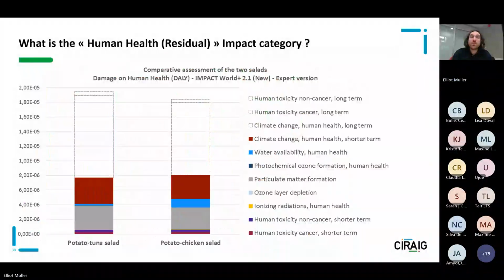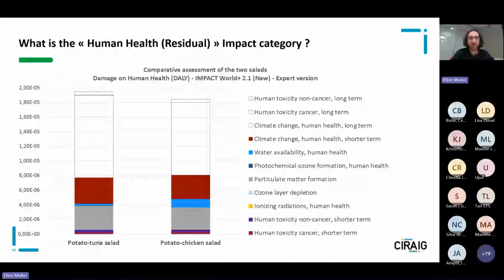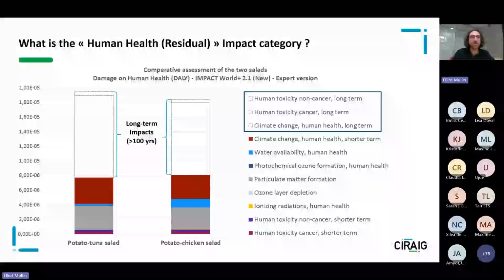So what does it mean? For instance, for the human health residual impact indicator, compared to the expert version of the method, first of all, we will delete all the long-term emissions. As we saw earlier, that can be quite a huge contribution to the impact. So that's the first thing that is done.